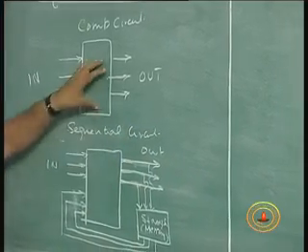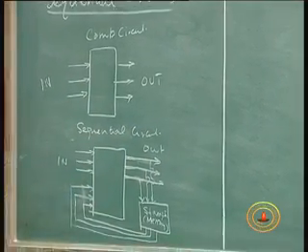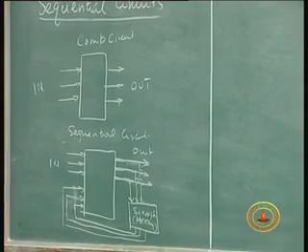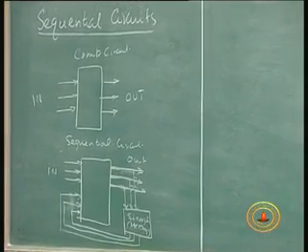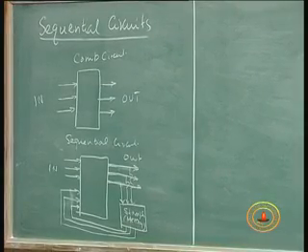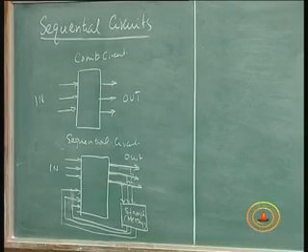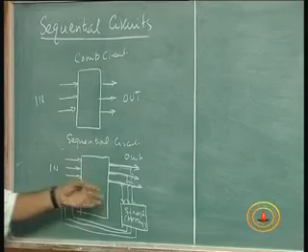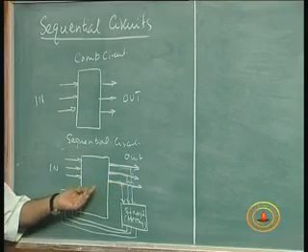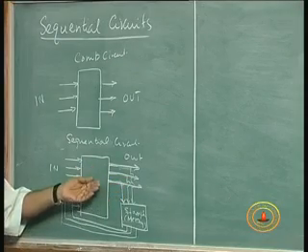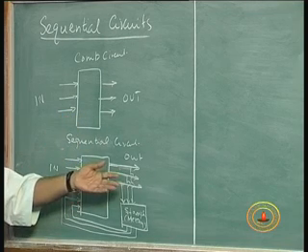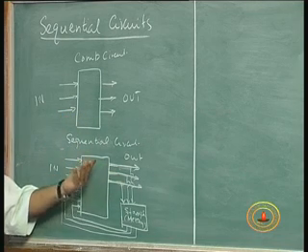But this block is a combinational block in the sense it combines. What is a combinational block? A combinational block combines the inputs to produce an output, using gates and other functional units. So, that is still there, but I am going to provide to it some more inputs which are not there in the previous case. These inputs being the past behavior of the circuit, that is all there is to it.